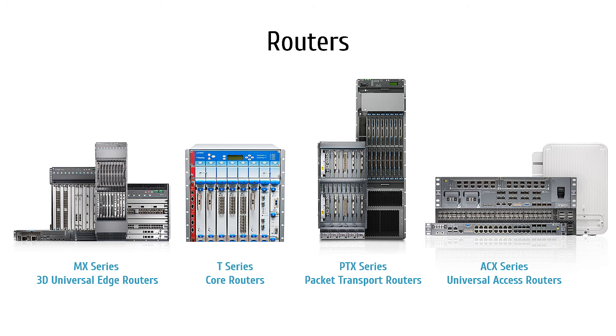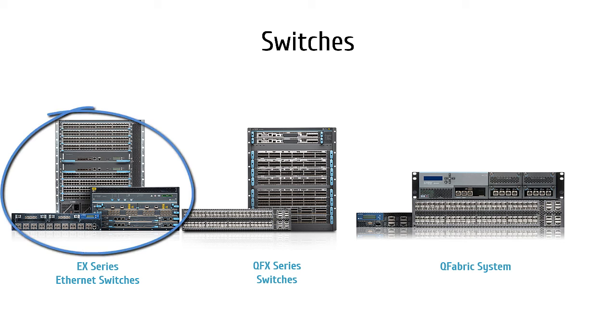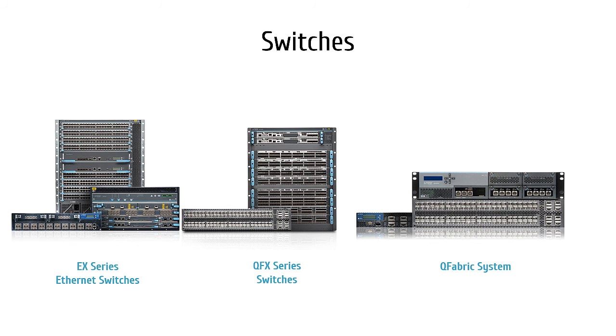Okay, let's move on to some switching platforms. First off, we have the EX series Ethernet switches. This is Juniper's all-around versatile switching platform with models suited for the converged enterprise, to branch offices, data centers, service providers, and more.